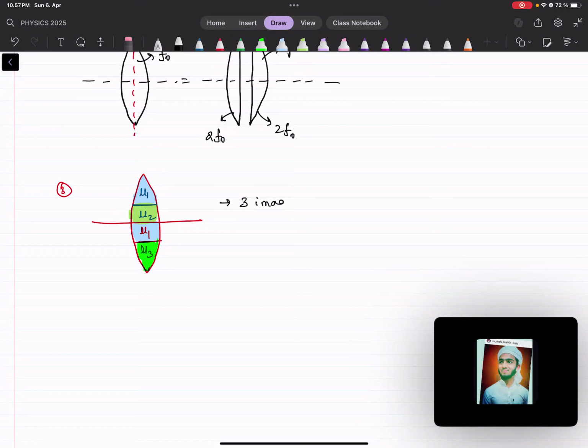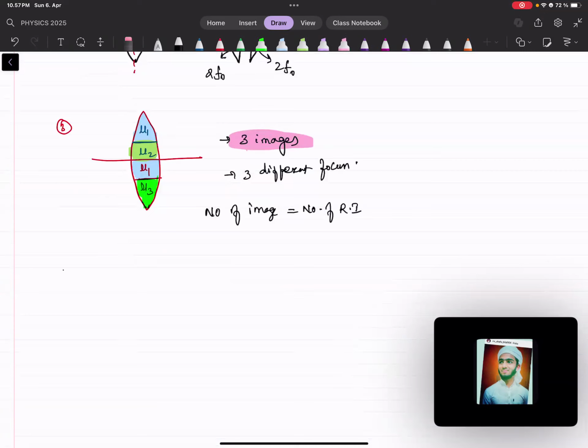So we are getting 3 different foci, because we are getting 3 different refracting surfaces. So the number of images must be equal to the number of refractive indexes. We have mu1, mu2, and mu3. That is the reason we get 3 images. Am I clear?